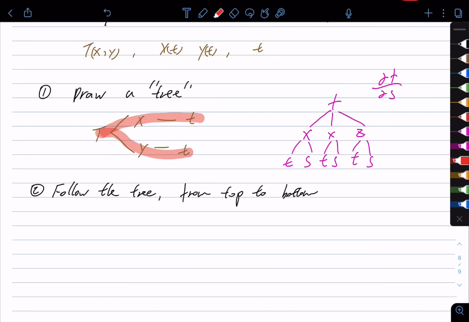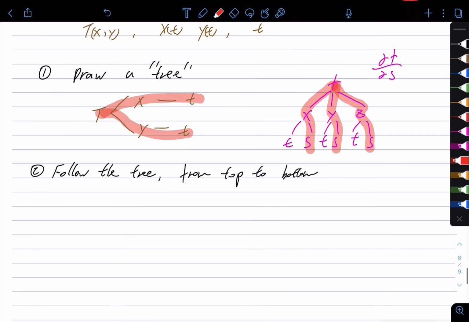From the top of the tree, trace down from x to s, from y to s, and then from z to s. Once we do this, we'll be able to write down the partial derivative equation really easily.